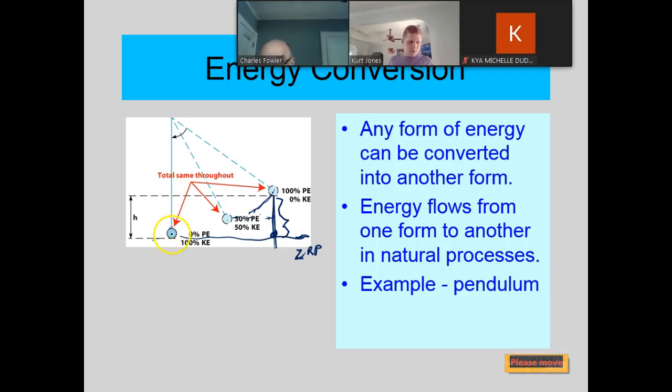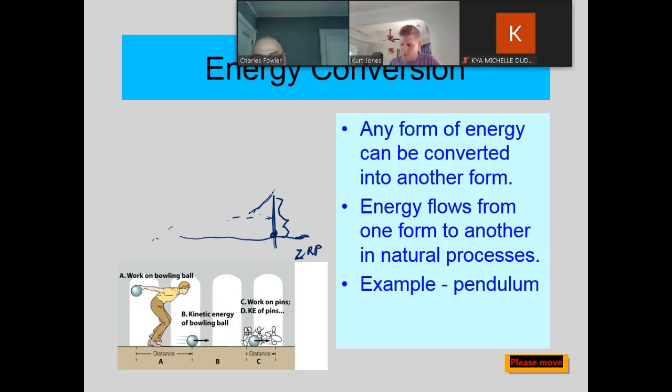So now it can't go any lower. It's lost all the potential energy it had because it's at the zero reference level, zero potential energy. All of its energy is now kinetic energy. But remind me, what is the sum of potential and kinetic energy? Anyone remember?